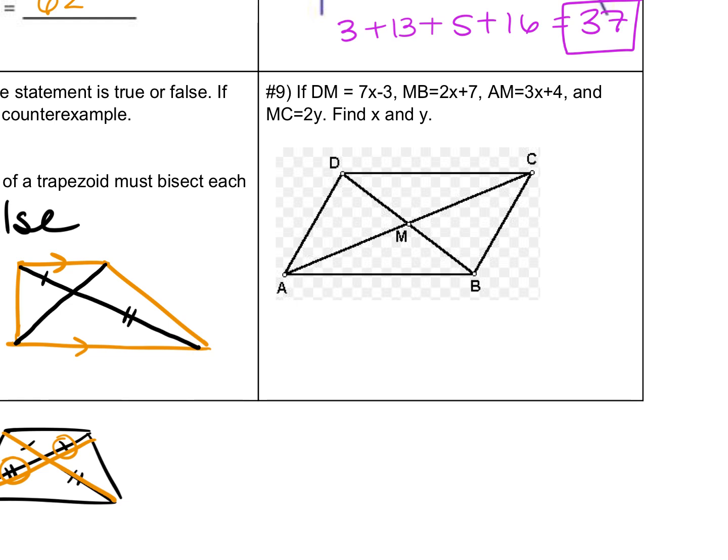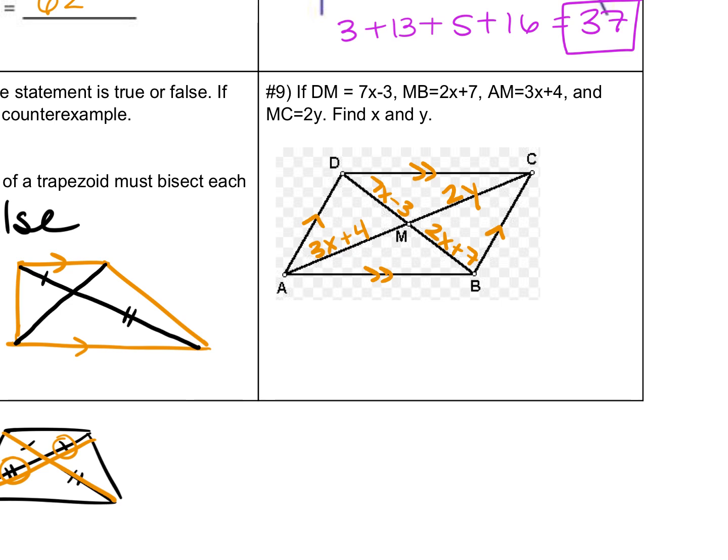This is a parallelogram, okay? So in a parallelogram, if they tell you DM is 7x minus 3, MB is 2x plus 7, AM is 3x plus 4, and MC is 2y. Okay, they give you all this information in a parallelogram.